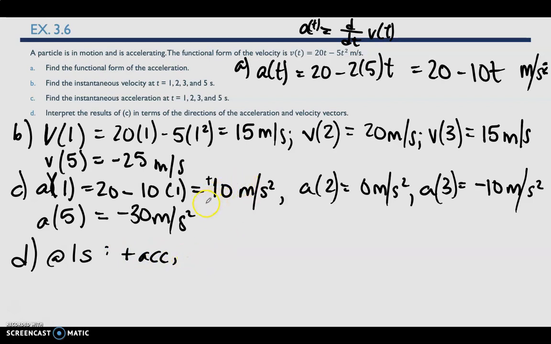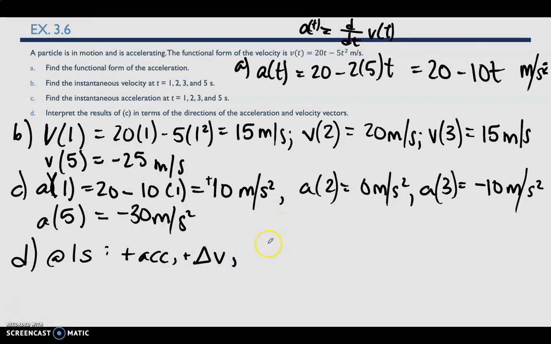And we also know that that means we have a positive change in velocity. So it's not that the velocity is positive, it's that the change in velocity is positive. Again, not that the velocity is positive, but the change in velocity is positive.